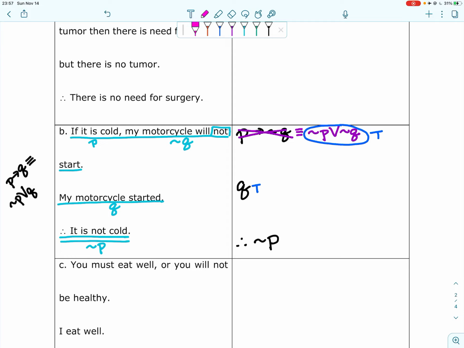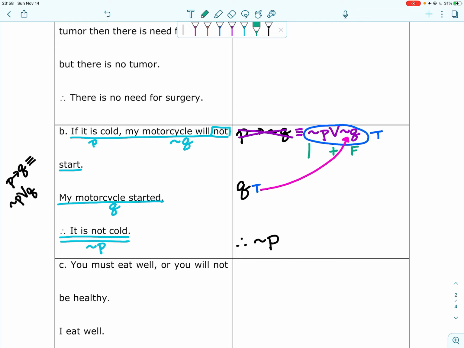So now, if Q is true, and I come up here and look at this not Q, Q is true, so that means not Q would be false because it's the opposite. So not Q would be false. I have an OR statement here, so that means addition.